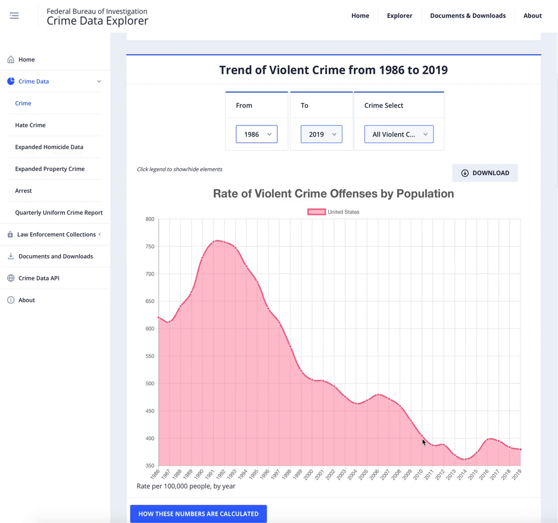Now you can see, when you're at 2009 looking at 431.9, and this is where we started our decrease, the peak was 758.2 in 1991. That's 758.2 violent crimes per 100,000 people in that year, as high as we've seen.